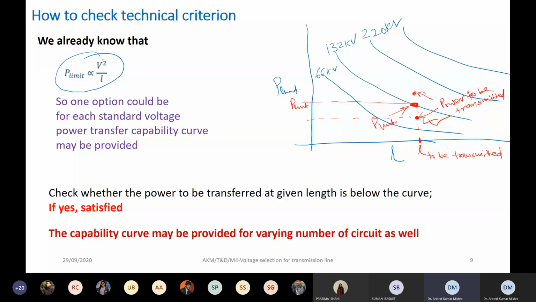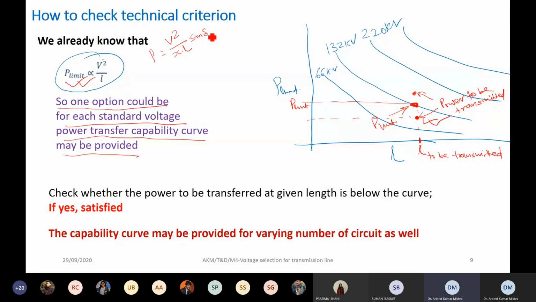So one option is that for each standard voltage, we use the power transfer capability curve, which we had already discussed in one of the classes, where P limit is proportional to V square. If you remember, we derived this expression from P equals V square upon inductive reactance per unit length into the line length into sine of delta.